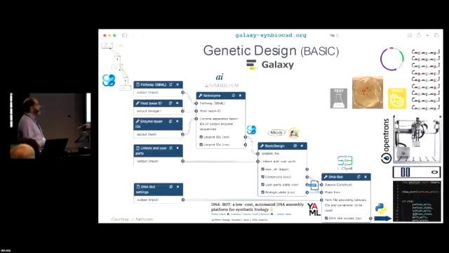And then we have the actual implementation of the design in the OpenTrons. For this first implementation of the Galaxy SynBioCAD, we have been working with the basic assembly in order to use the DNA bot protocol, which was developed by Imperial.